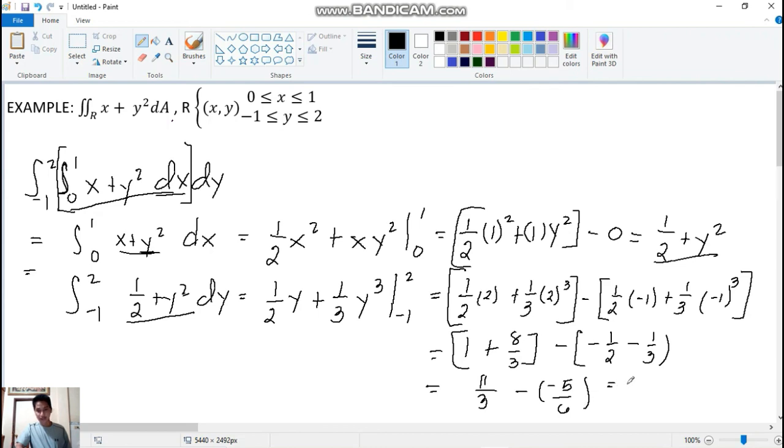The final answer will become 27 over 6. Can you simplify 27 over 6? Yes, they are both divisible by 3, so that becomes 9 over 2. So the answer in our problem is 9 over 2.